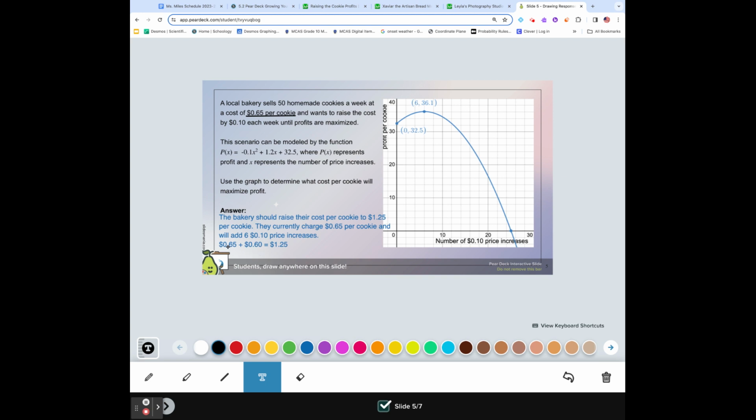We're adding that to the 65-cent original price per cookie, giving us $1.25 is how much the new cost per cookie should be. So notice neither of these coordinates was the answer to this question. This question took a little bit more thought.